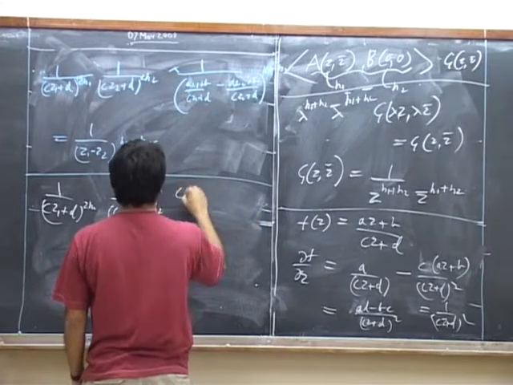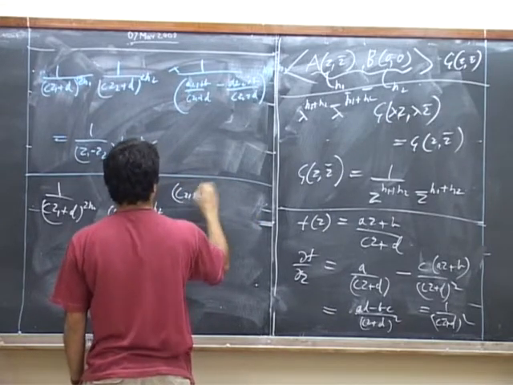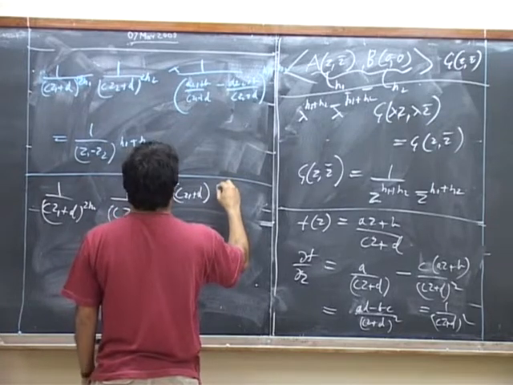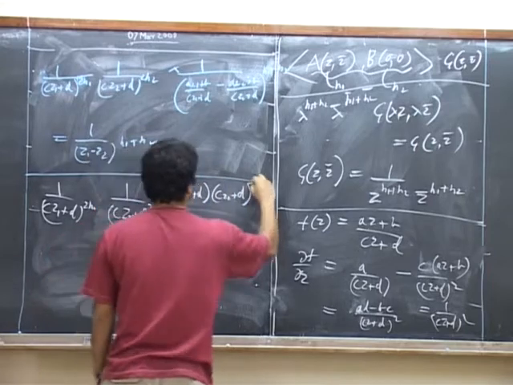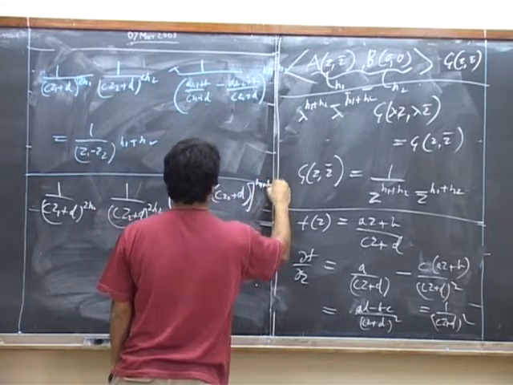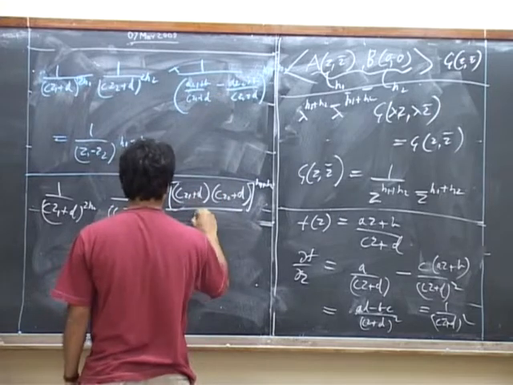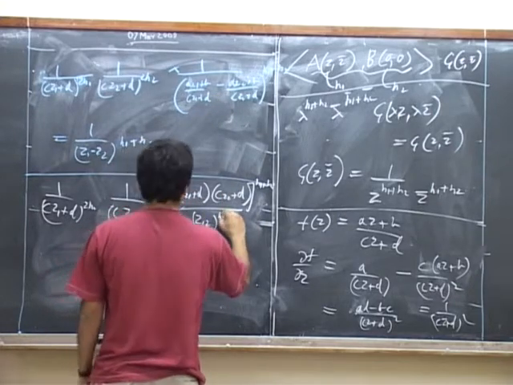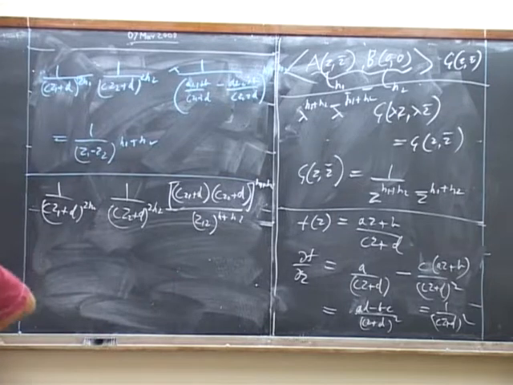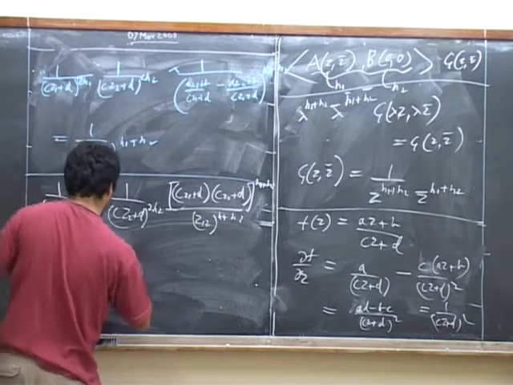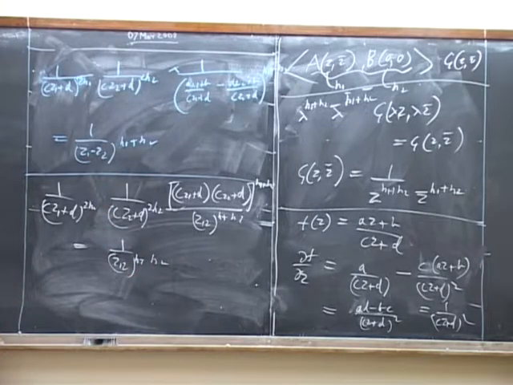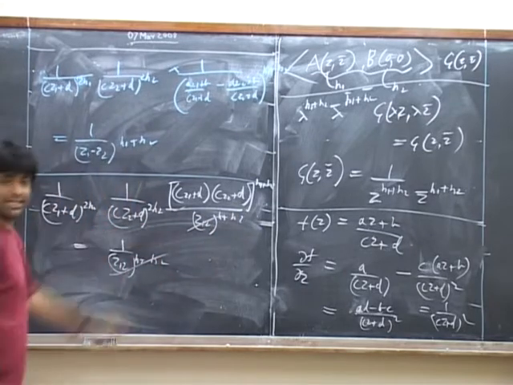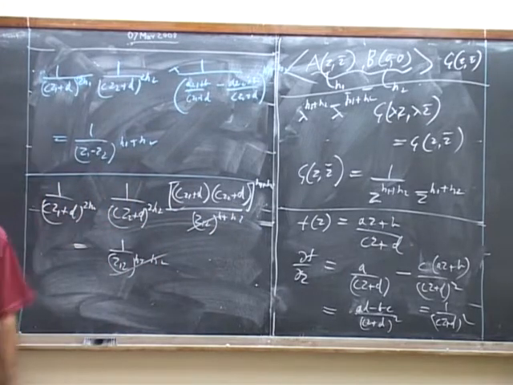Times Cz1 plus D into Cz2 plus D, the whole thing to the power h1 plus h2, and then divided by z12 to the power h1 plus h2. This must be equal to 1 over z12 to the power h1 plus h2. So these two things cancel. So if this equality is to hold, this term must be equal to 1.